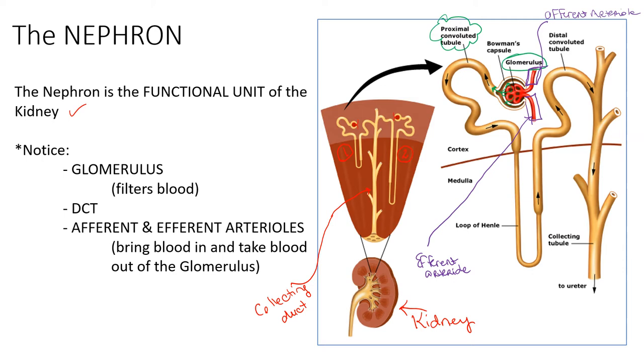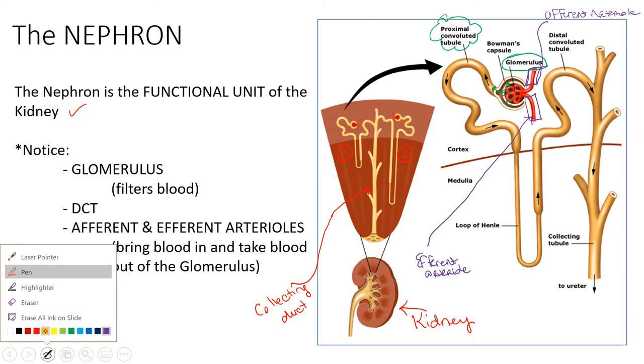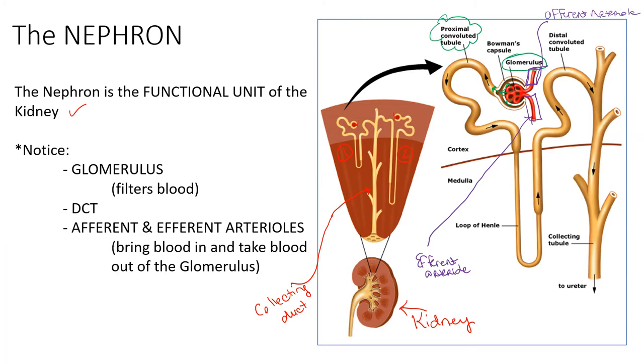The other thing I want you to notice is what's next to the glomerulus. And this is kind of where our focus is going to be here. So we've got this distal convoluted tubule right here, also known as the DCT.